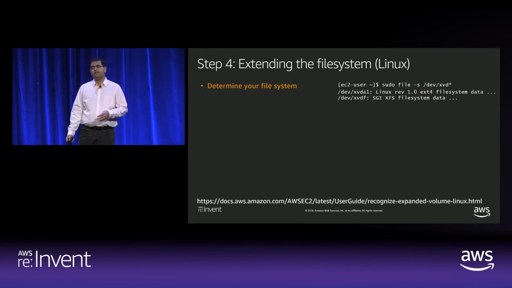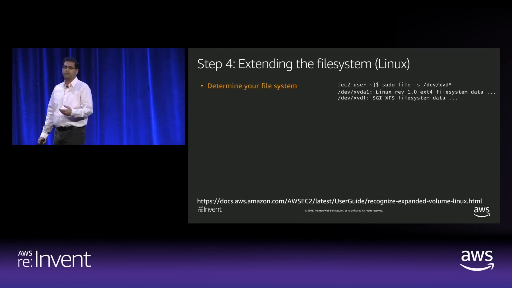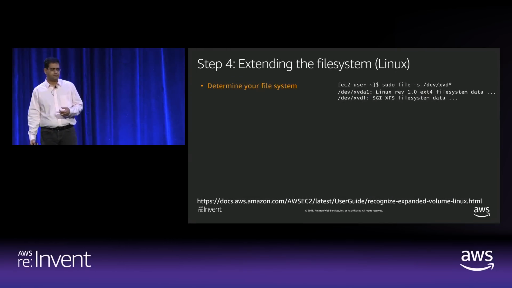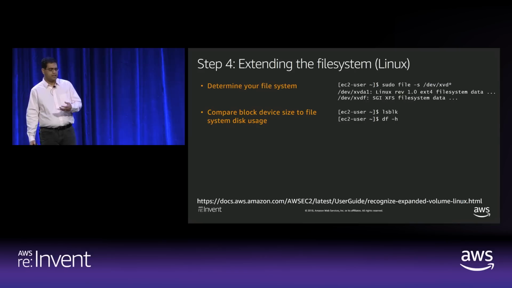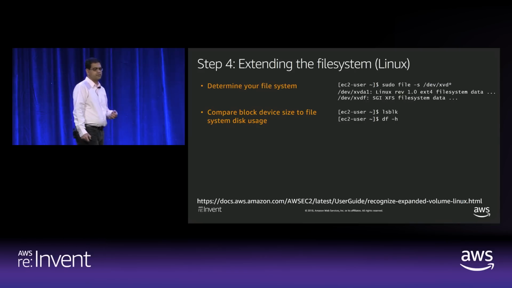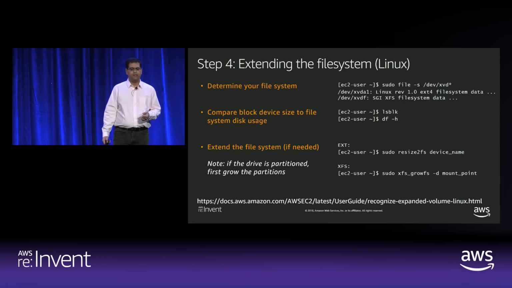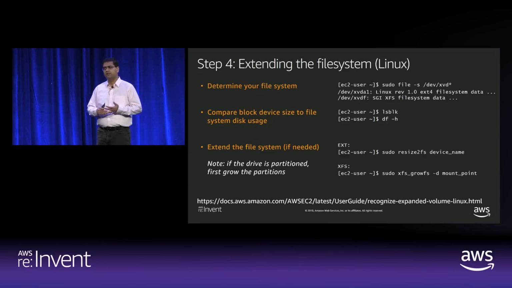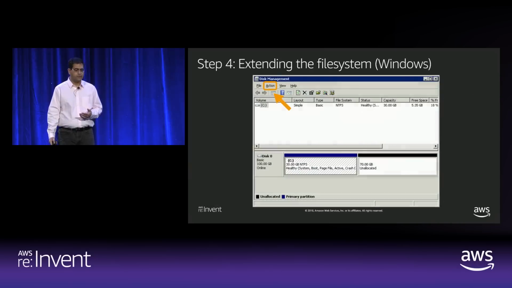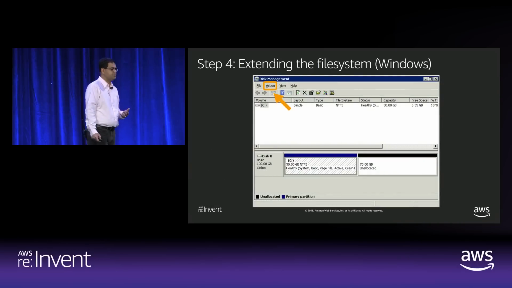The last phase of this is now for your file system to recognize that additional capacity. And so in this case, you would go list through the file system. We've chosen XFS as an example. And in this case, you then either use resize2fs or growfs to take advantage of the new capacity. On Windows, you go into Disk Manager.